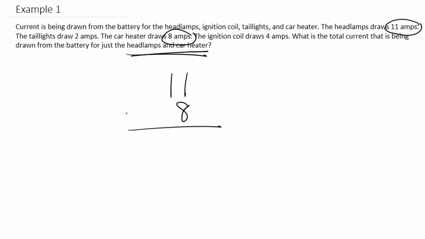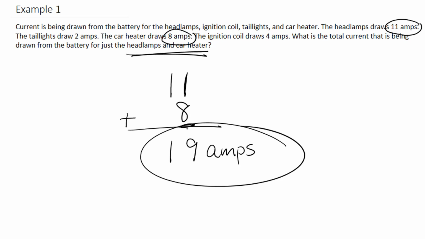Then we're going to start adding, and we start on the right and we move to the left. So we go with 1 plus this 8 is equal to 9. Then we have just the 1, so we'll just bring that down. So we would say the total current that's being drawn from the battery for the headlamps and car heater is 19 amps.